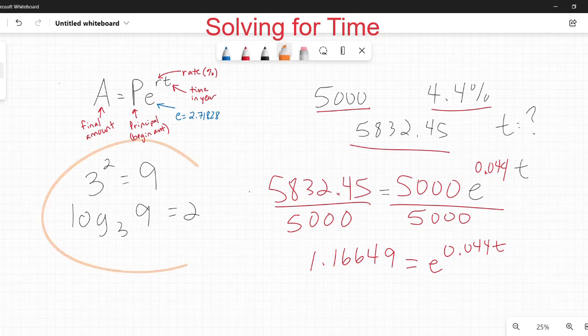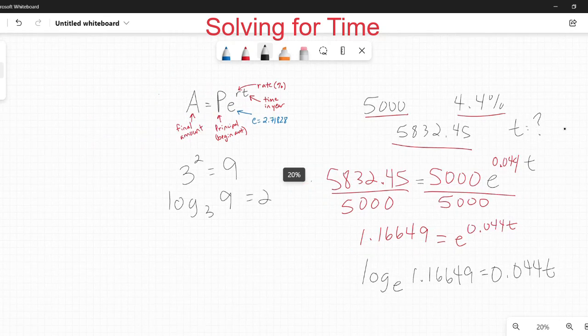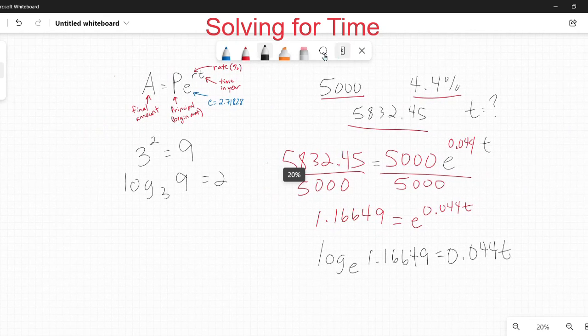We look over here. Remember our pattern. So this would be as a log base e of 1.16649 is going to be equal to 0.044t. And remember, log base e is a special log, and it is written as ln, or natural log.